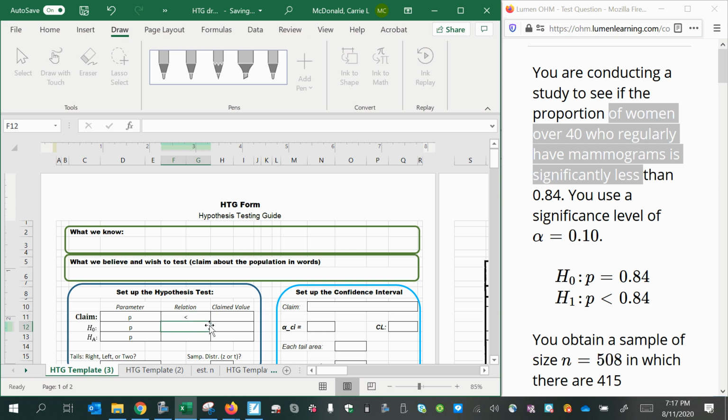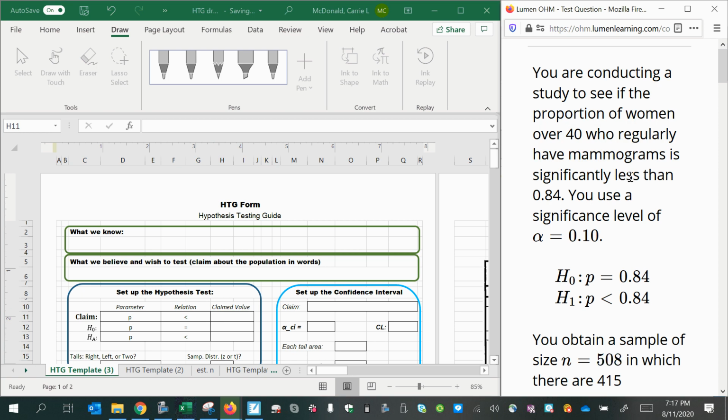And I know that it's always an equal sign for the null hypothesis, and that if there's no equality in the claim, it will become my alternative. And less than what? Less than 0.84.